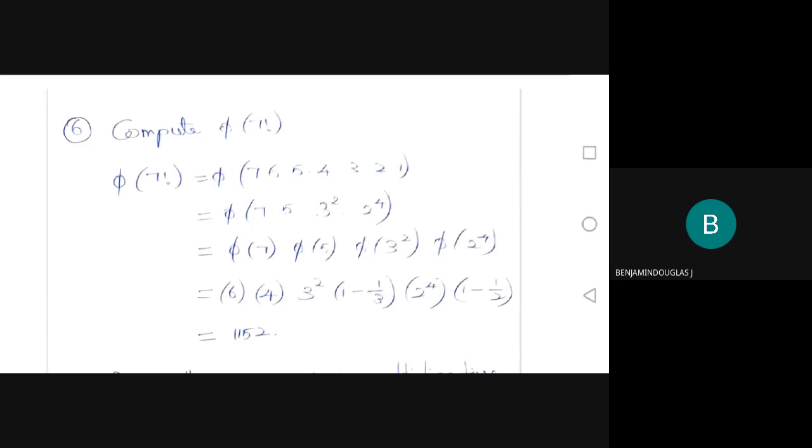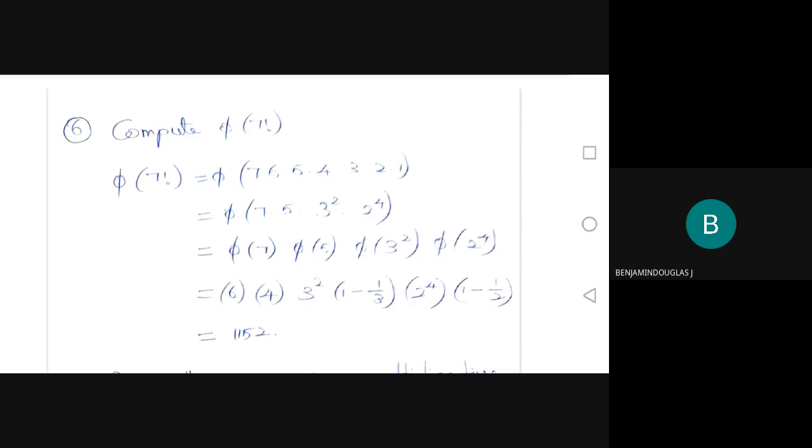Then 5 is prime. 4 is a composite number, therefore 4 can be expressed as 2 square, 2 into 2. 3 is a prime, then 2 is a prime. So this product can be represented as canonical decomposition, that is phi of 7 into 5 into 3 square into 2 power 4.